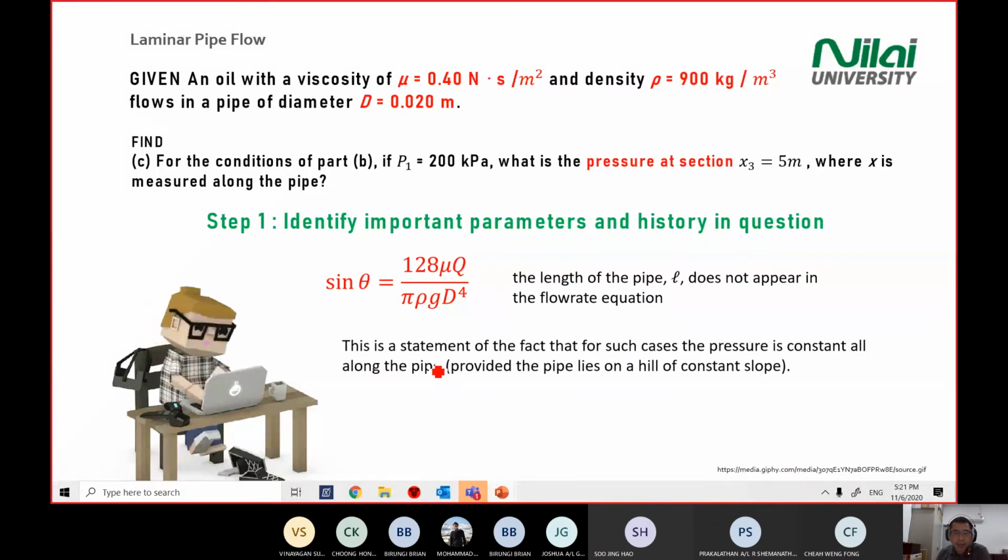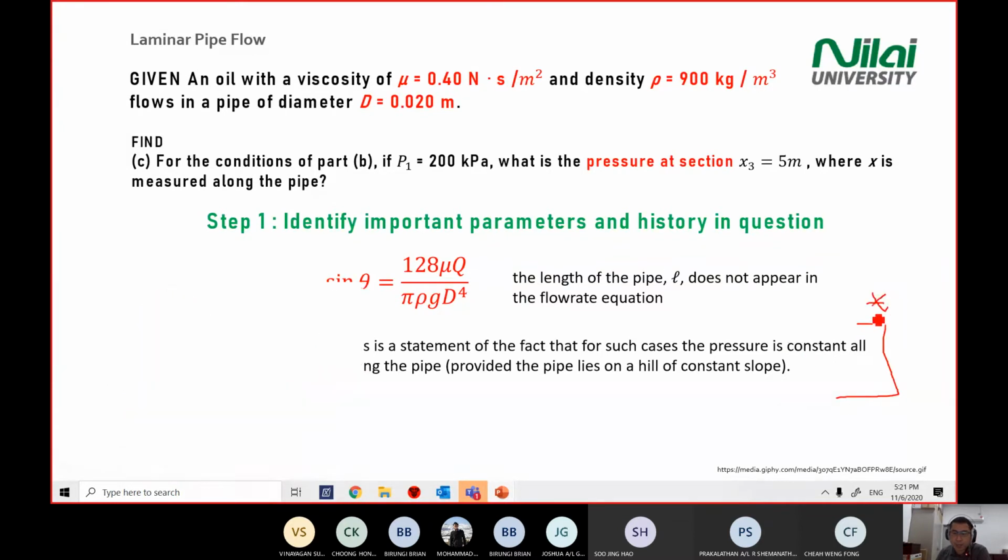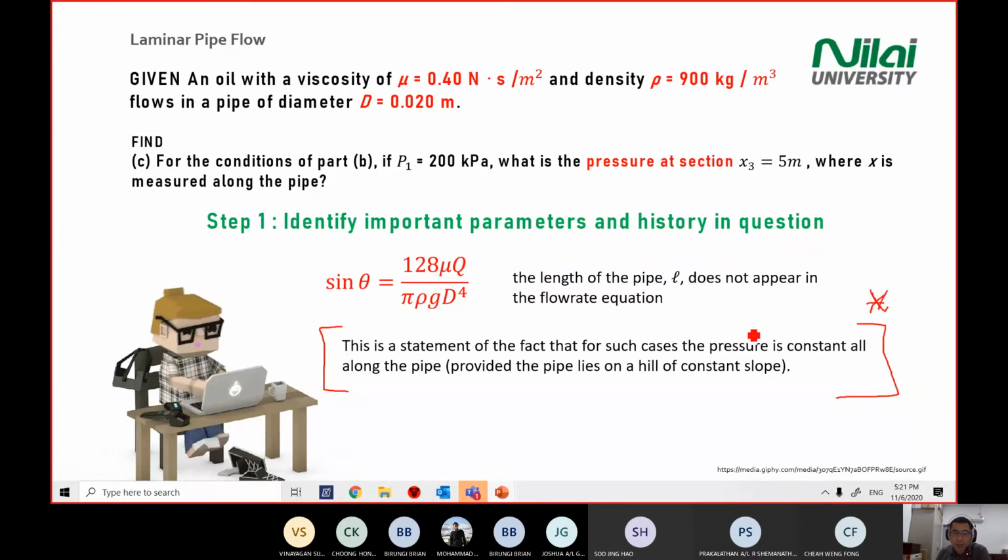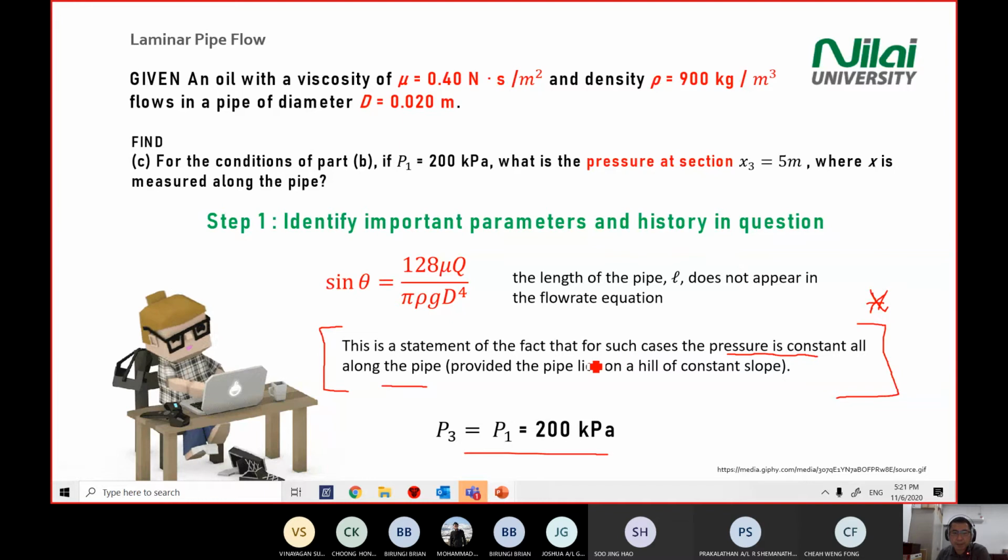But however, this is just a trick question to ask you. Why? Because the pressure is constant along the pipe, so the pressure will be the same. Section C is just a trick question.